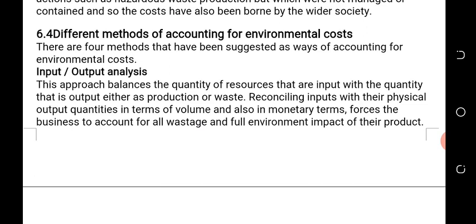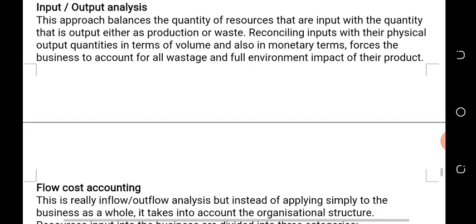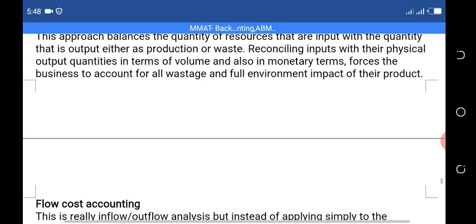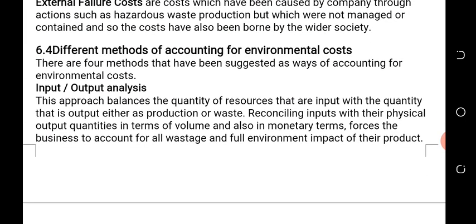What are those methods? There are four methods that may be suggested as ways of accounting for environmental costs. One, the input and output analysis.